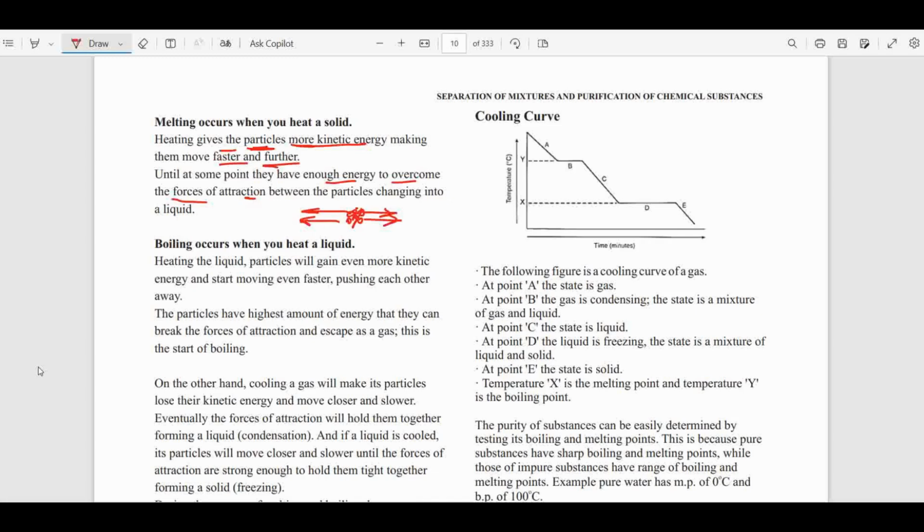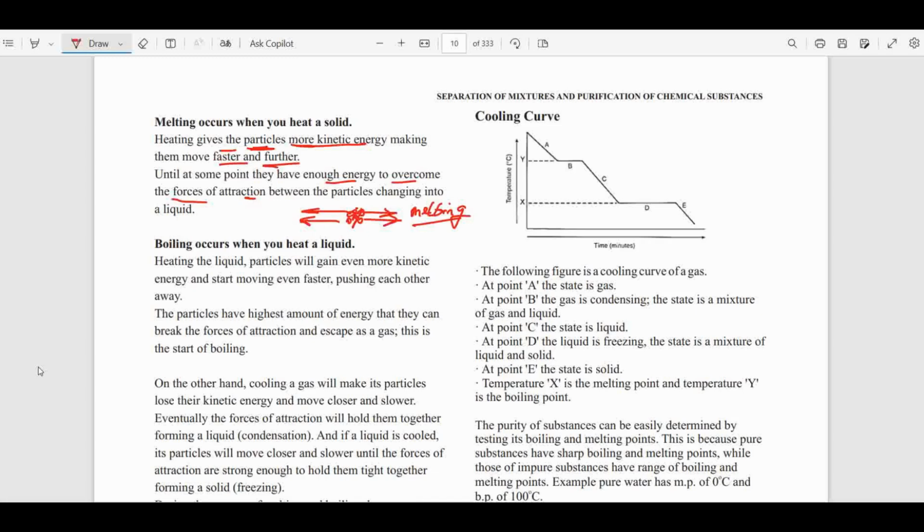At that point, the solid is said to have melted. That is when melting takes place. And it is important to know that when melting is taking place, the temperature remains constant, because what the particles need is to gain enough kinetic energy to pull apart.